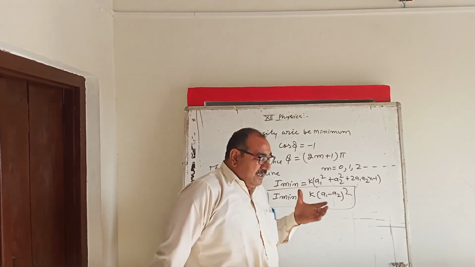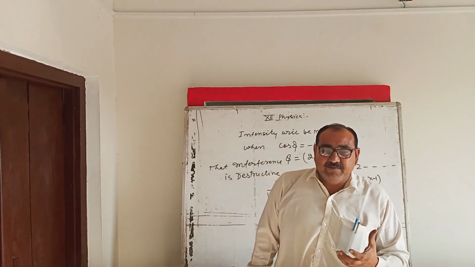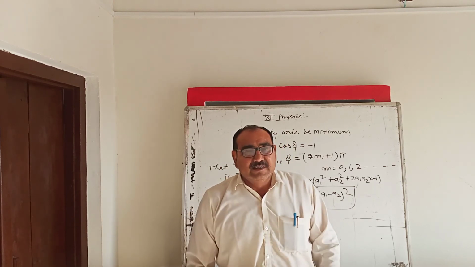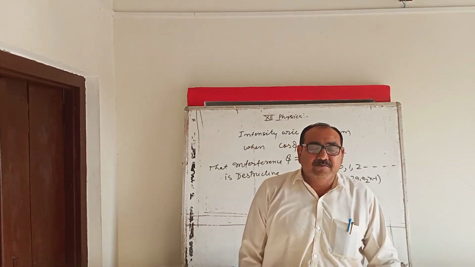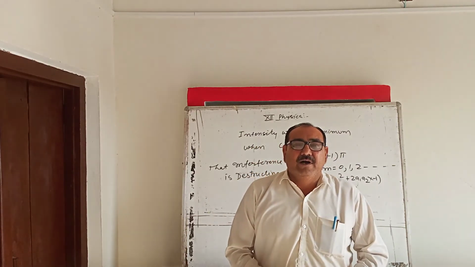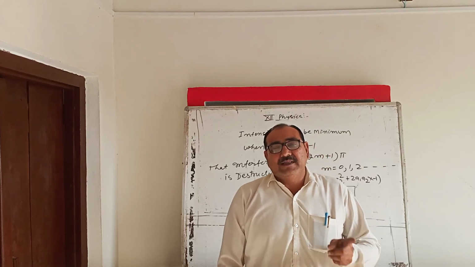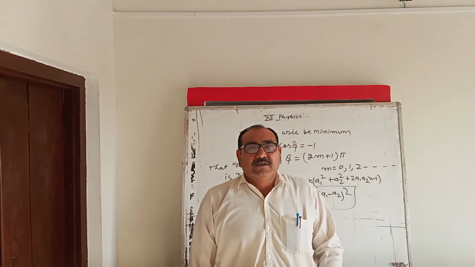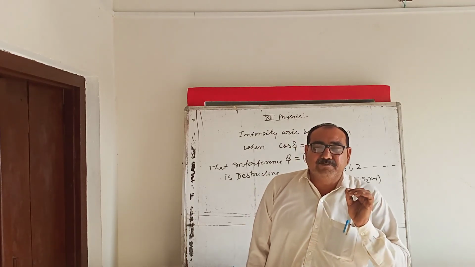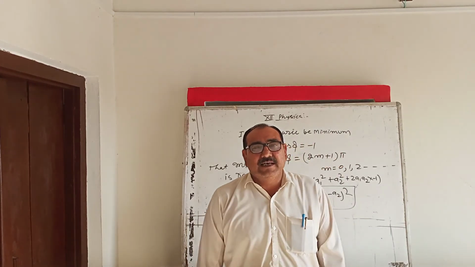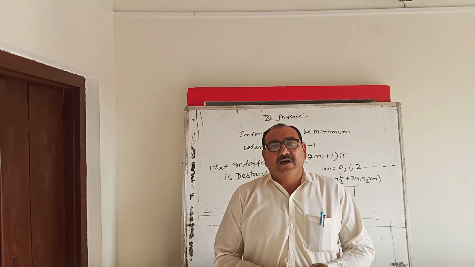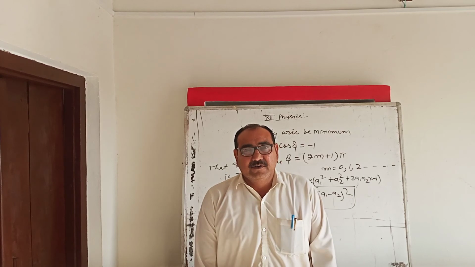So, I have shown that when two or more than two waves travel in a medium simultaneously, somewhere intensity is minimum and somewhere intensity is maximum, and this is the phenomenon of interference. Where the intensity is minimum, the interference is said to be destructive, and where the intensity is maximum, the interference is said to be constructive.